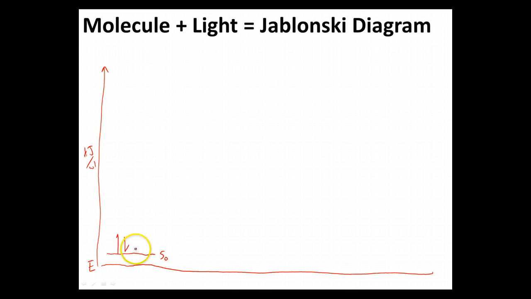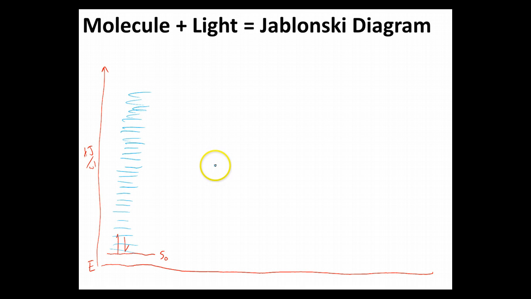Well, we know that the singlet state is going to have a whole bunch of vibrational levels as well, because we know vibrational levels don't take as much energy. Let me go ahead and switch to another color to help them be distinguishable. So I'm just going to put a whole bunch of vibrational states for the singlet 0. They're supposed to be more evenly spaced than they are, but you know, what can you do?